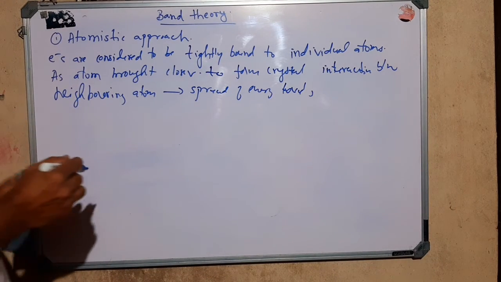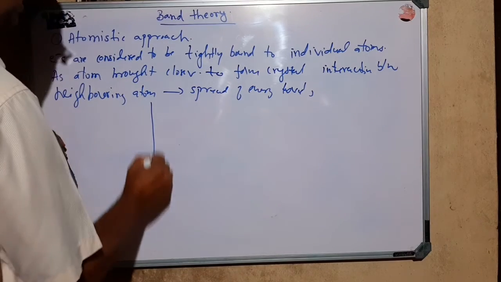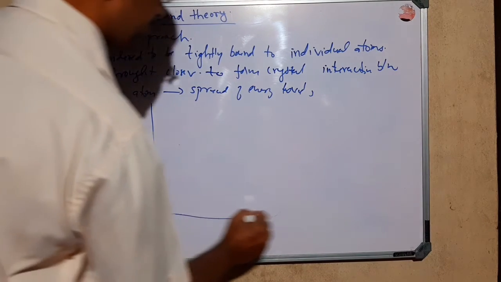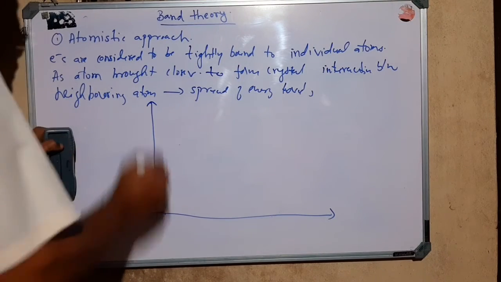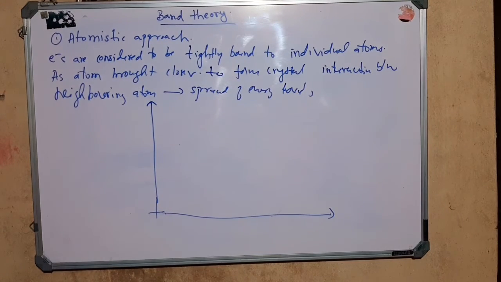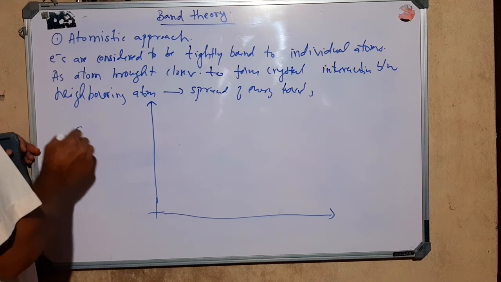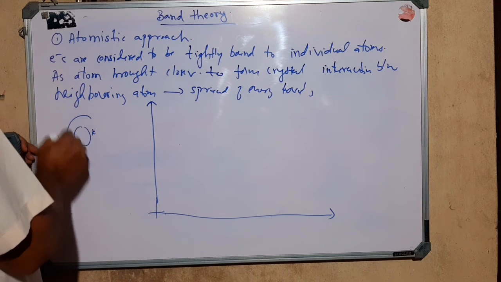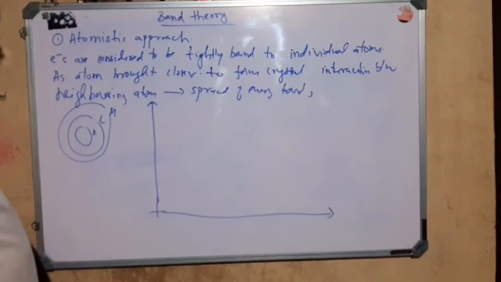So when you consider electrons belonging to different shells, are the energy bands of K shell, L shell, M shell, etc. of the same width or different? The K shell is the innermost shell, then the L shell, then the M shell, and so on outward.